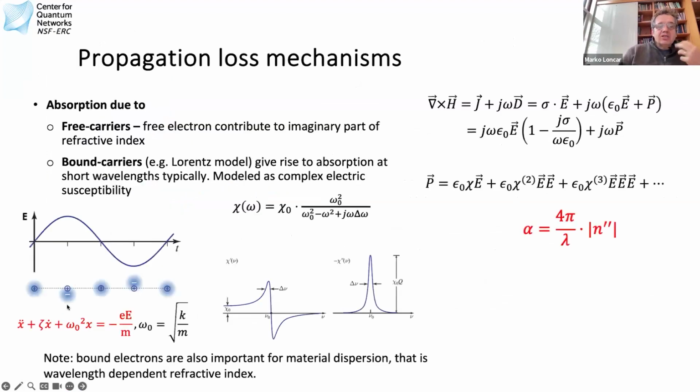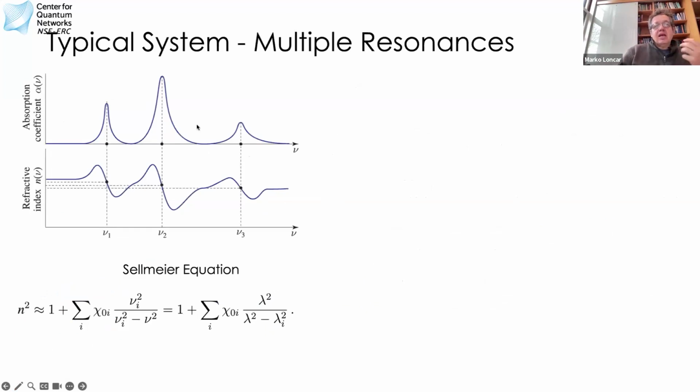instead of having one oscillator, this is a one-oscillator model where the material has a response as a single oscillator. A material may have different dynamics that can be captured with different oscillators, captured with three peaks, for example, in the absorption coefficient.